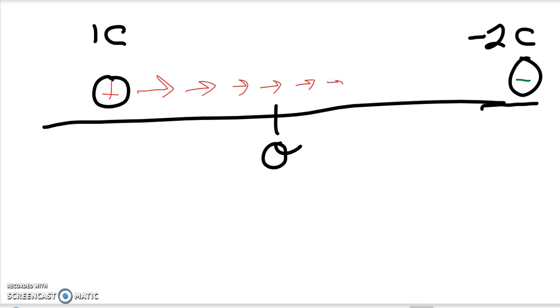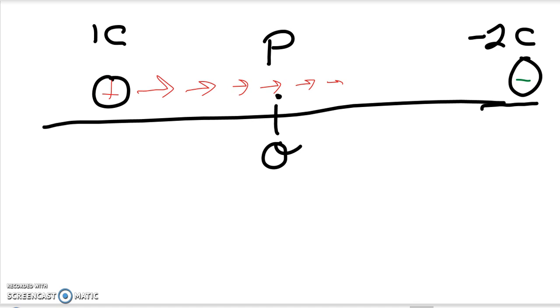So when I'm evaluating the electric field at point P, the electric field due to Q1 is going to be in the positive x direction.